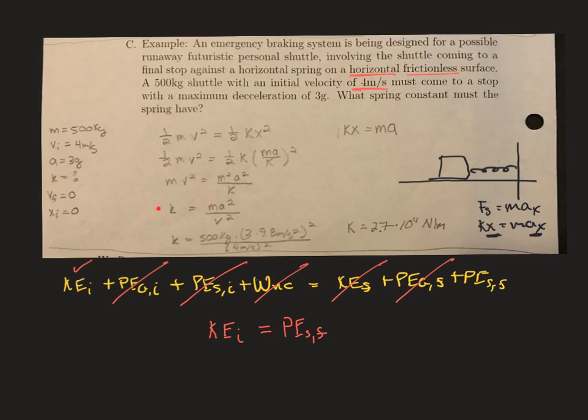Alright, now I algebraically rearrange the relationship to solve for k, and I plug in the mass, 3 times the g, which is going to be our deceleration, and then our initial velocity provided in the problem, the 4 meters per second. And that gets me a spring constant that is 2.7 times 10 to the 4 newtons per meter, which is a large spring constant, but not an unreasonable spring constant for something you would use as part of a braking system.